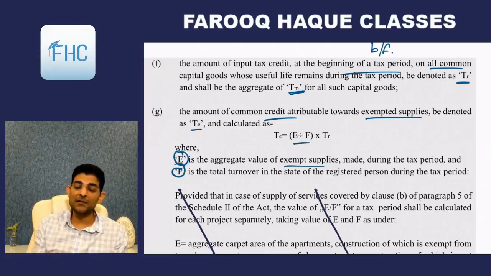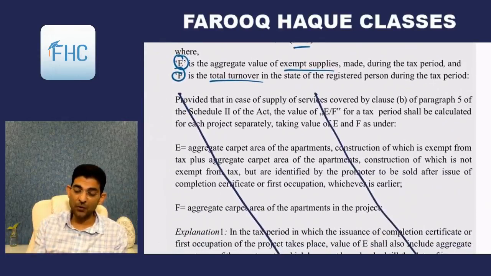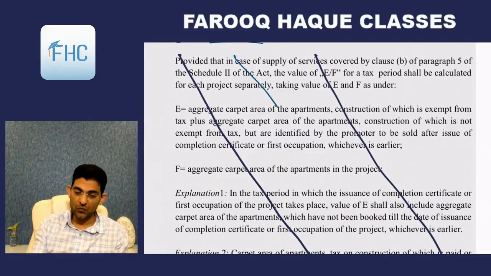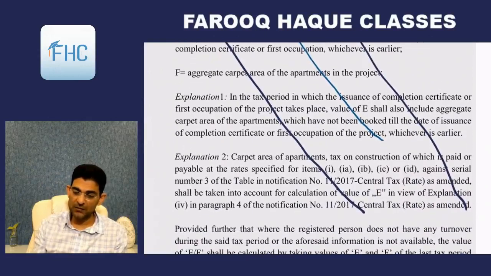E means exempt supply turnover and F means total turnover. Simple. Exempt supply divided by total, so you get E upon F. And then again the proviso, then definition of E, definition of F, explanation 1, explanation 2, cut it off. This is real estate related, which is not in the course.